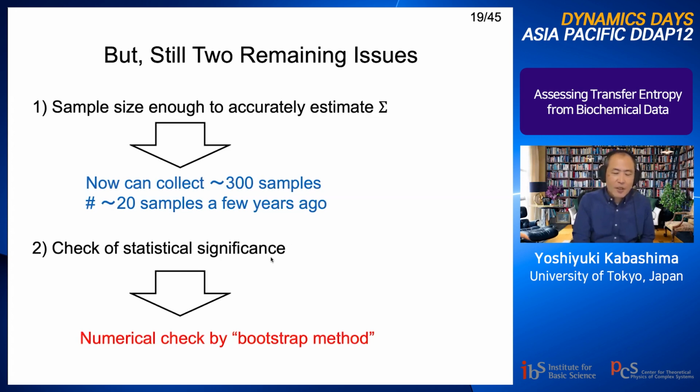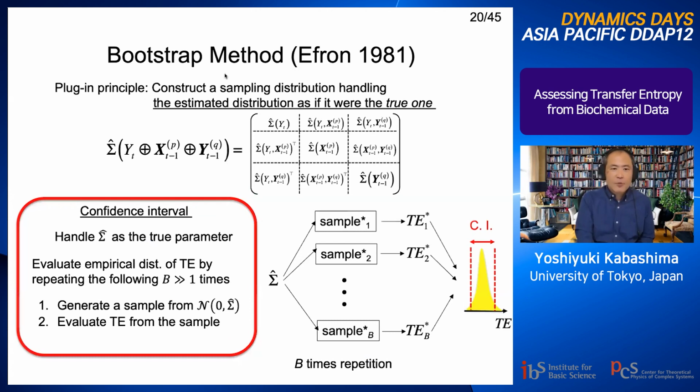So the strategy we took was a numerical check by the bootstrap method. The bootstrap method was proposed by Efron in 1981, and it follows the plug-in principle: construct a sampling distribution handling the estimated distribution as if it were the true one. In our case, the relevant parameter is the covariance matrix that characterizes the Gaussian distribution.